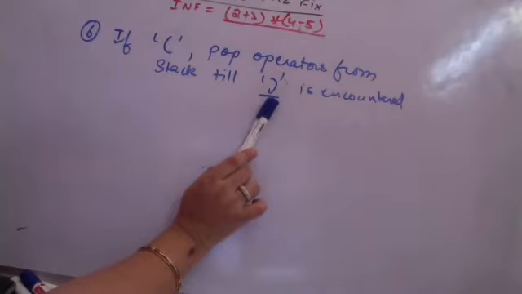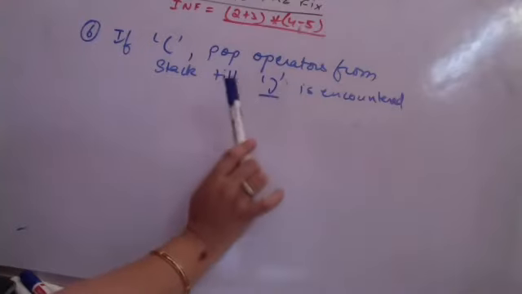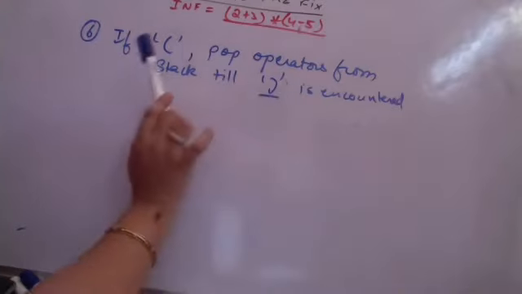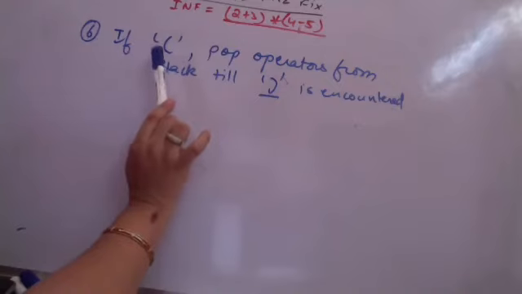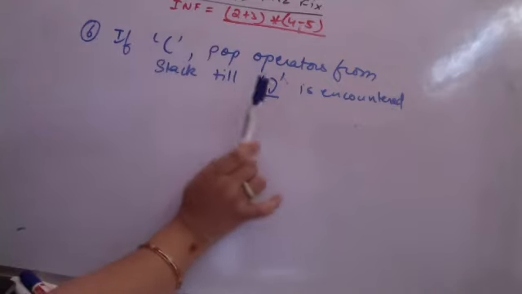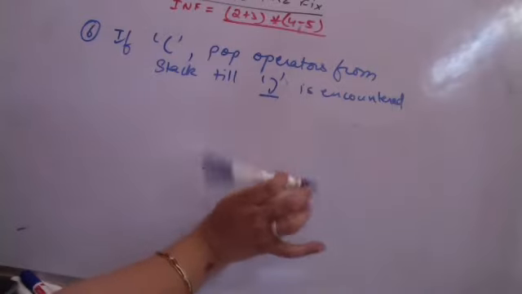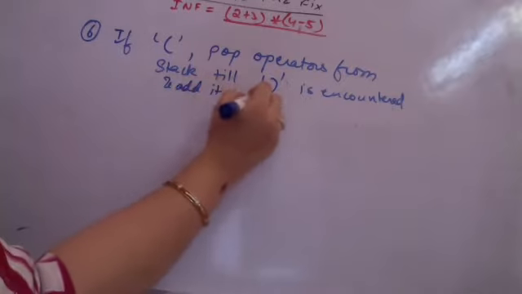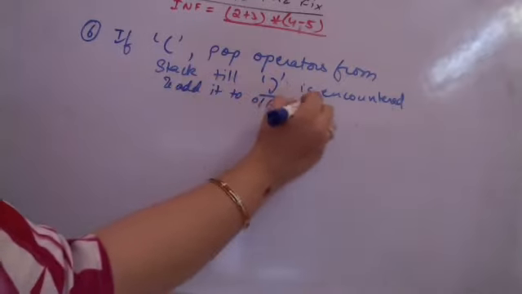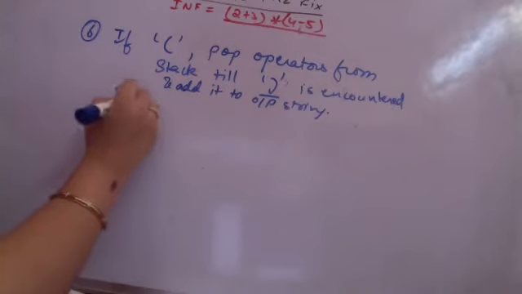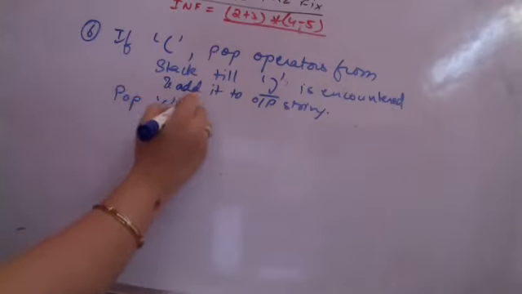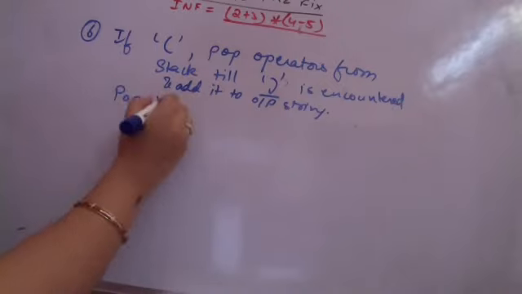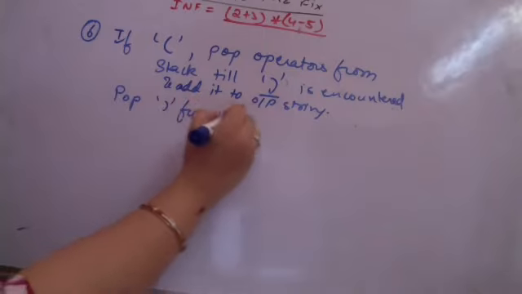It is the reverse here since we are reading the expression in reverse. If you encounter an opening parenthesis, pop everything till the closing parenthesis is encountered and add it to the output string. Also pop the closing parenthesis from the stack and discard it.